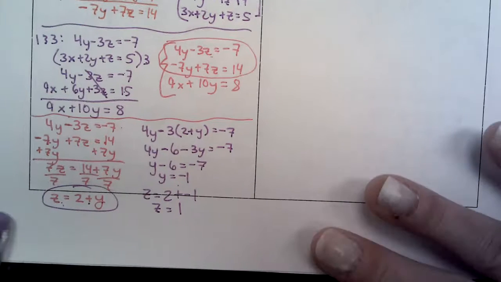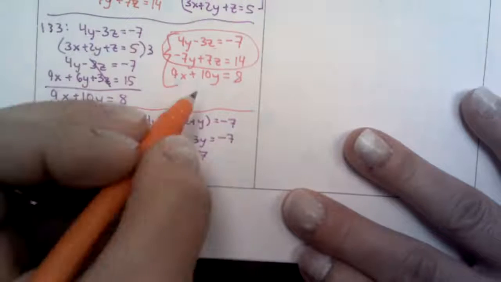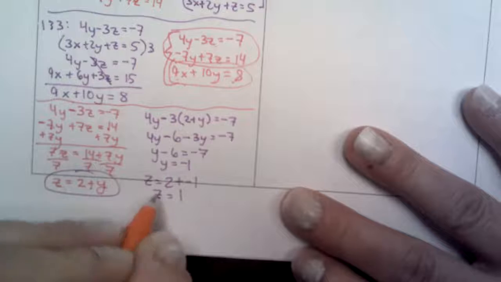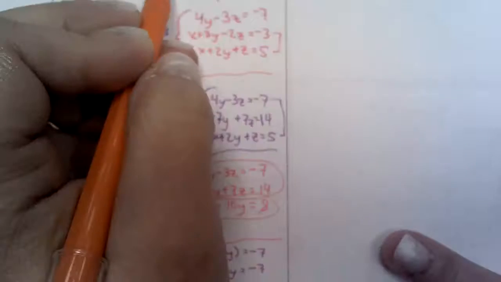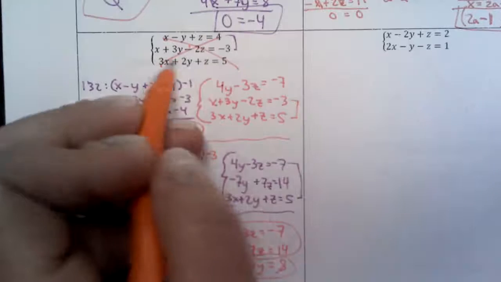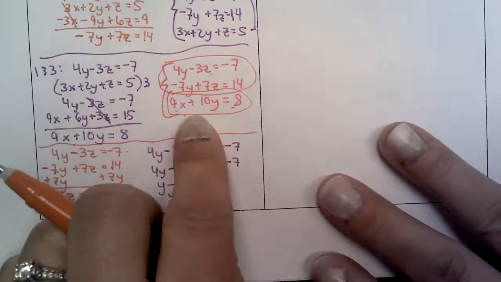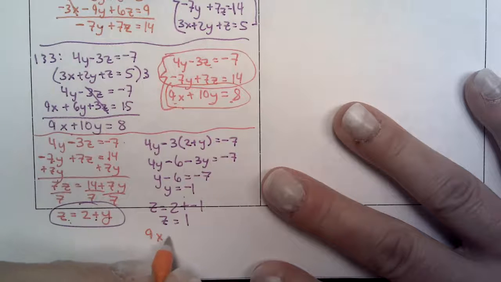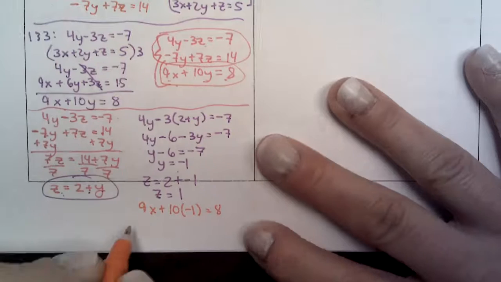And then I have to find my x value. So I'm going to use whichever one looks easiest. I could go back and plug this into any of these. I could go all the way back to the beginning if I wanted and plug these x's and y's back into these. But since I've already isolated them, I can use these ones. So now I'm going to use 9x plus 10 times my y, which is -1, equals 8.